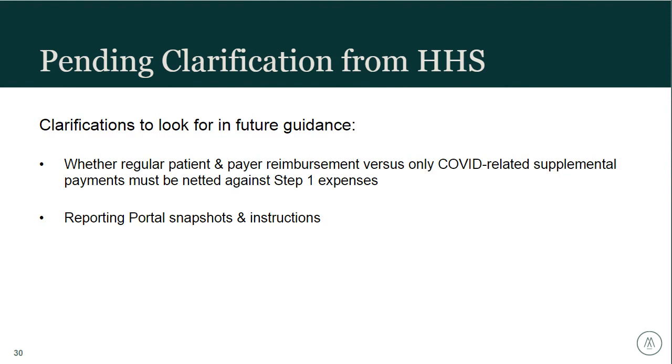There's a little bit of confusion and discrepancy, but the current guidance reads that all sources of revenue, which would mean the regular patient and payer reimbursement, currently should be included in that step one of looking at your expenses and offsetting that with other sources before taking a look at your PRF.